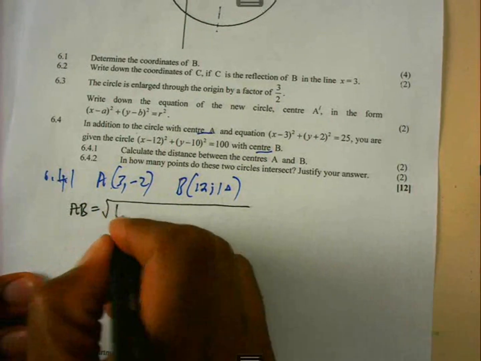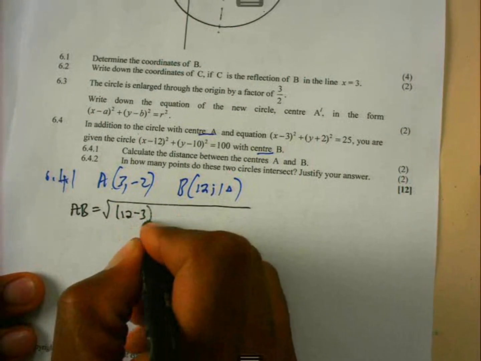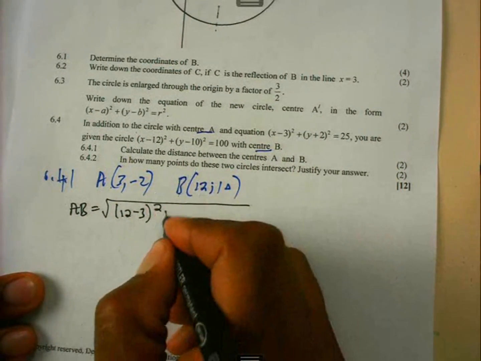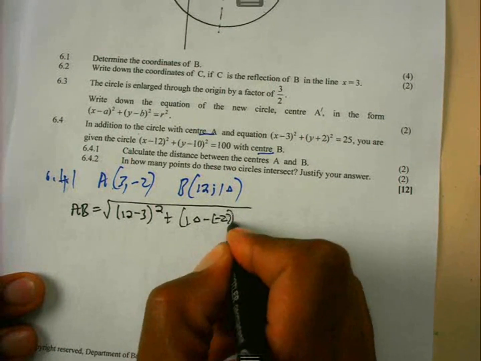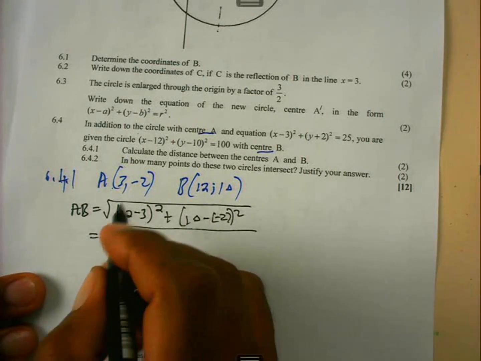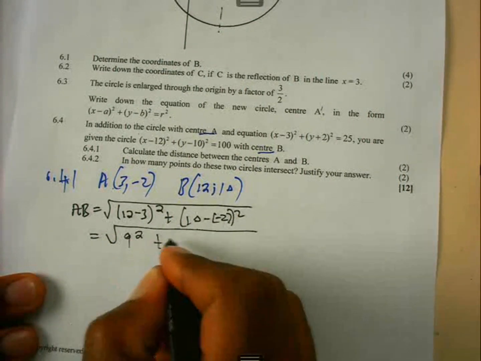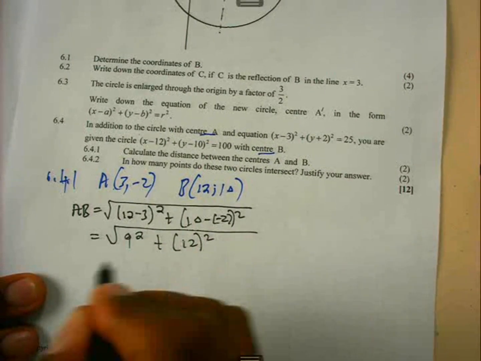it's the square root of x2 there. It's 12 minus 3 all squared, plus then we have 10 minus 2 all squared. Then from here, what we have is 12 minus 3 is 9 squared plus 10 plus 2, that will be 12, then we square it, right?